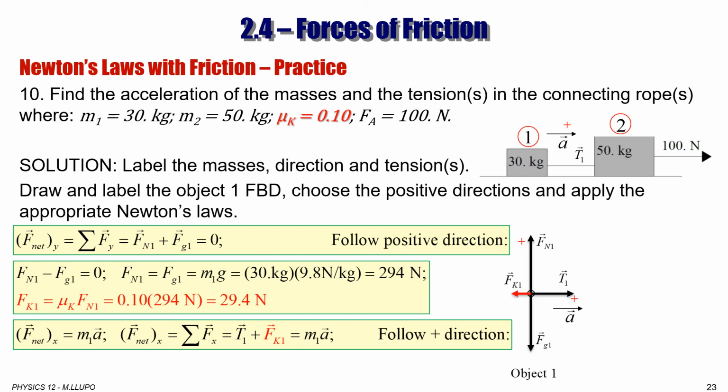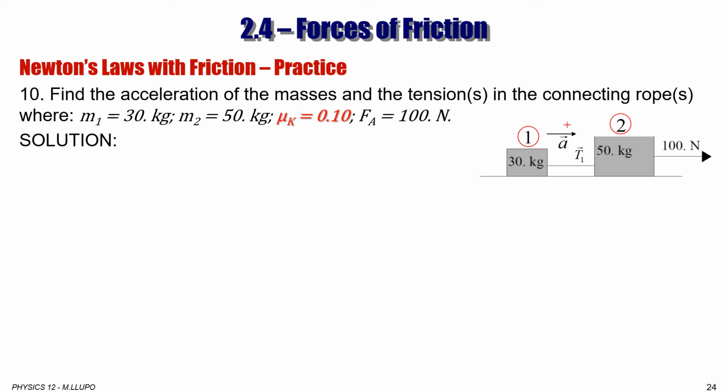Sum of all forces is equal to m1a, because we already know that it is accelerating on the x-axis. So how many forces do we have on the x-axis? It's T1 and Fk1. So those are equal to m1a. So the acceleration is positive, and T1 is positive, and Fk1 is negative. So that will be equation number 1.